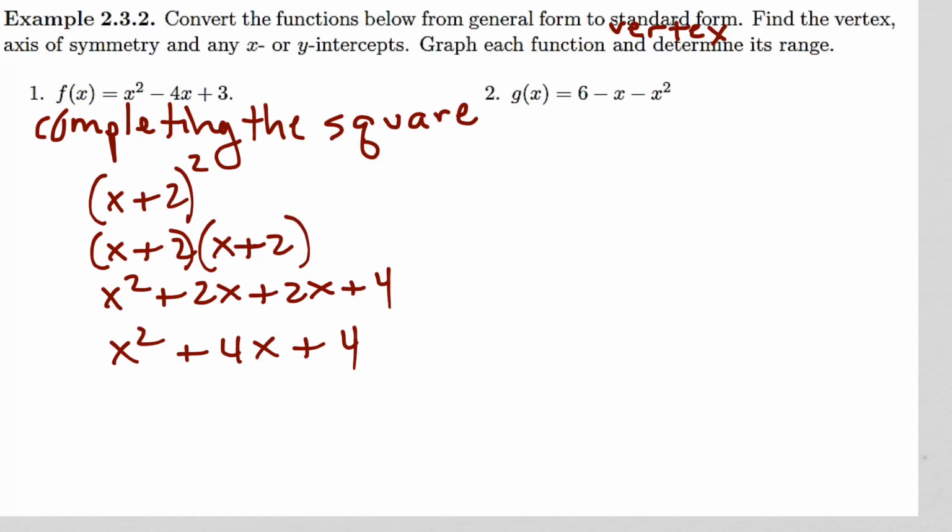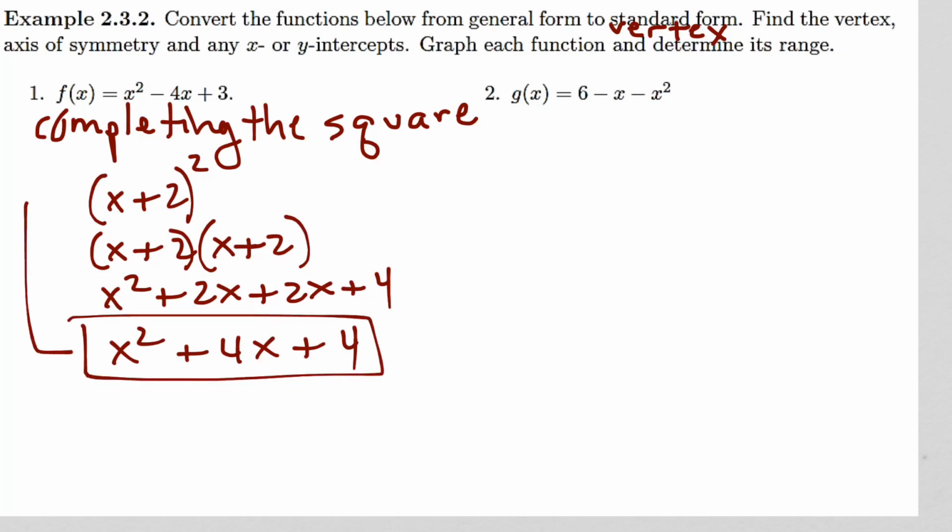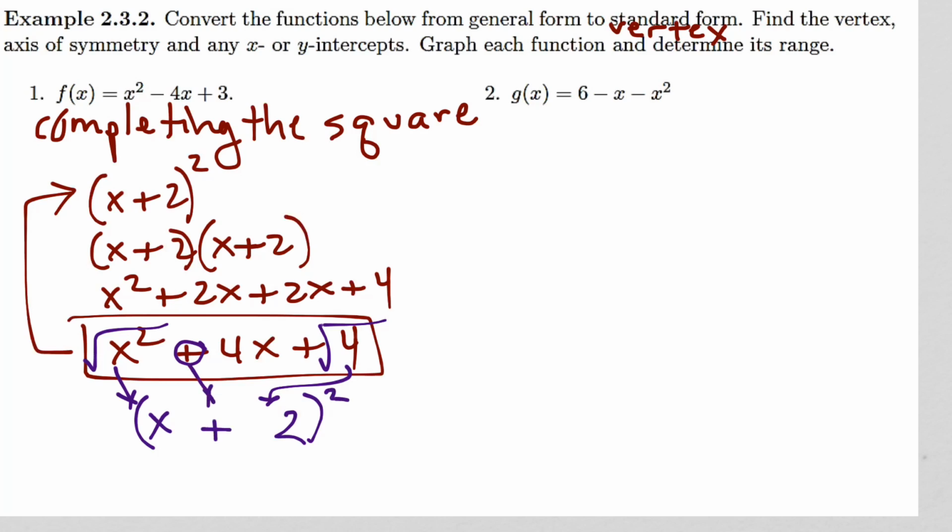All right, so the pattern I'm talking about is in order to go from this form, which is called a perfect square trinomial, to this form here, you take the square root of this term and put it here, and the square root of this term and put it here, and this sign and put it here, and then you put your little square here, and you're back to this.